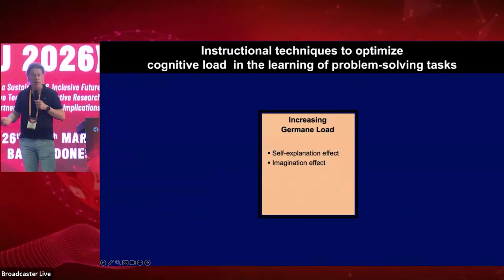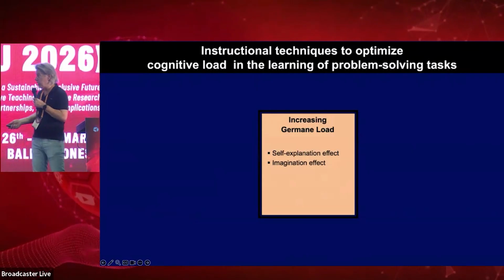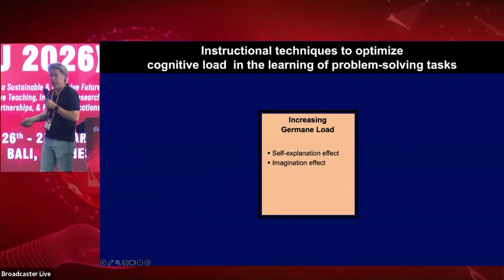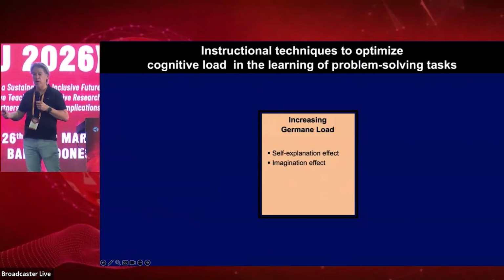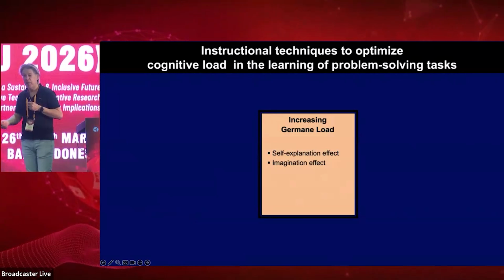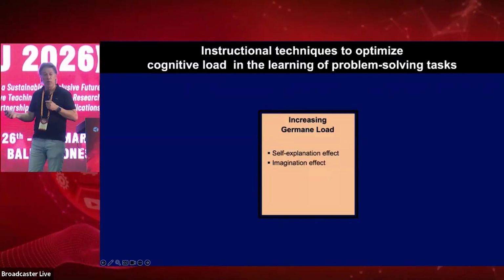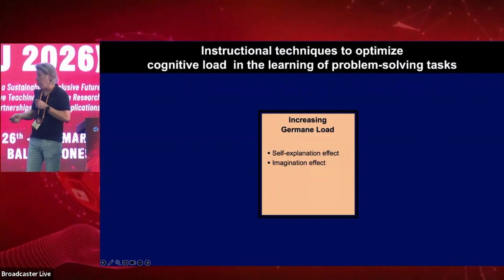We also have techniques for increasing the load that is the good load, so the load that is relevant for the learning process. This adds load to the learning process, but it has a positive effect on learning. We distinguish between self-explanation, so we can ask students to self-explain what they did or when they studied a solution, or we can ask them to close their eyes and imagine what they did during solving or learning a problem.